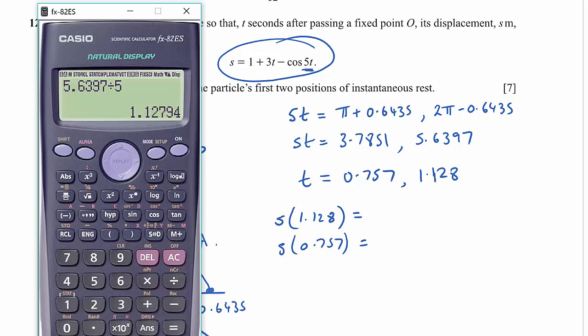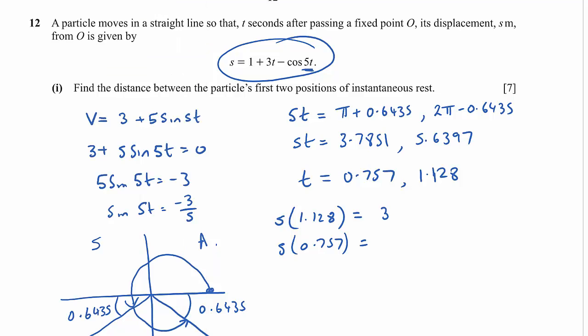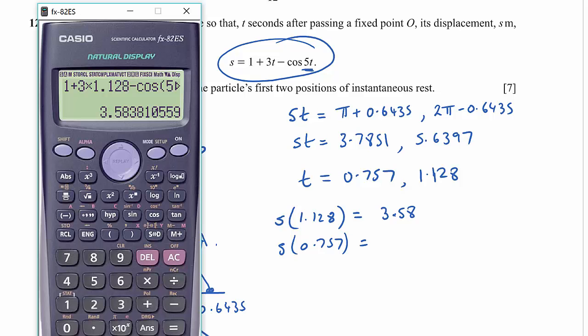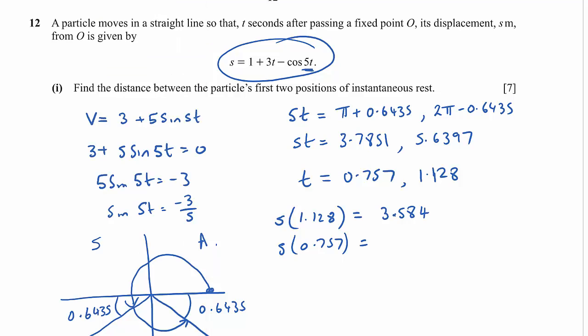So we have 1 plus 3 multiplied by 1.128, and then take away the cosine of 5 times 1.128. That gives me 3.58. Actually, that's 3.584. Let's go for that.